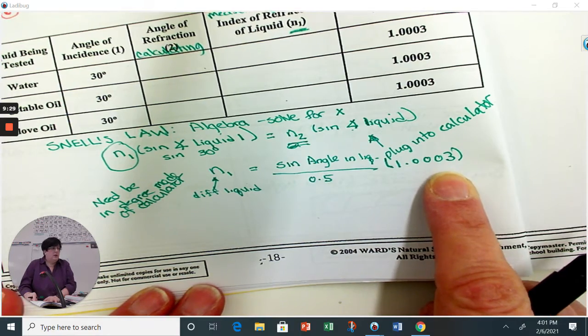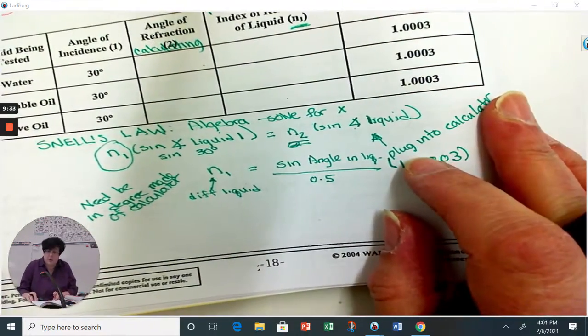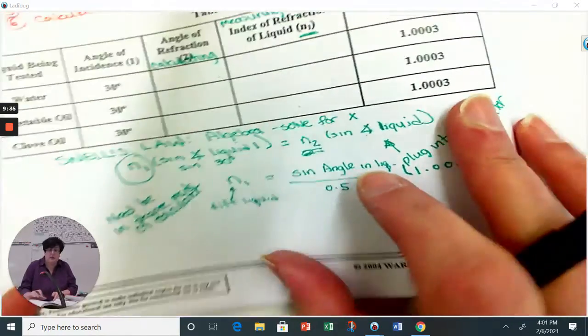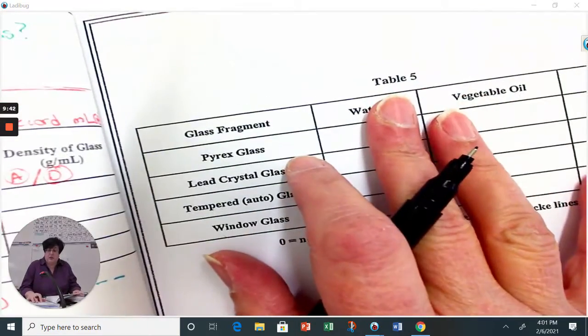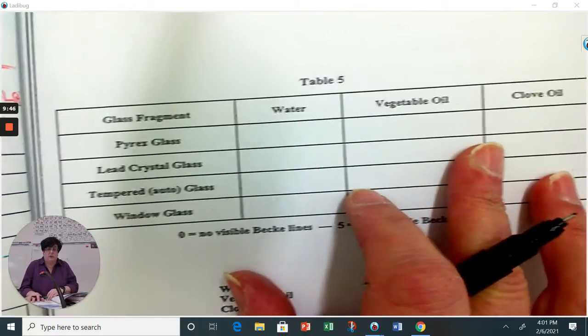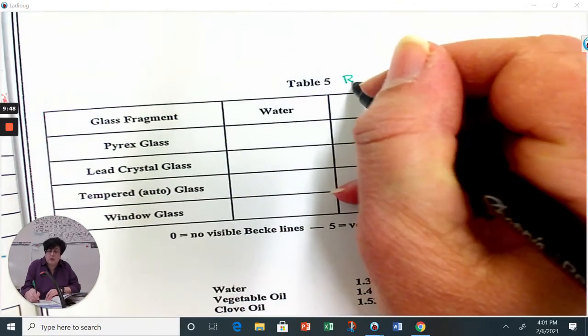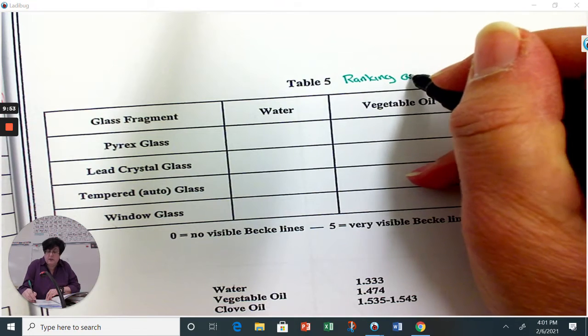Okay? Now, that's one part of the lab that you're doing today. This is like part 3A, table 4, part 1 of the lab for today. This one is all what we call relative. We are ranking an observation.